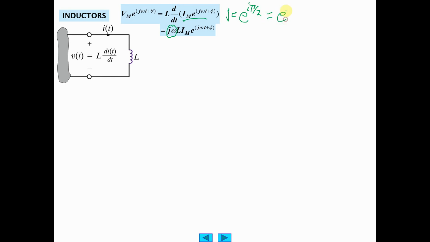And I'm flipping my j's and my i's. Got to be careful about that. In some applications, people use i omega t. And in electrical engineering, we want to use j omega t.